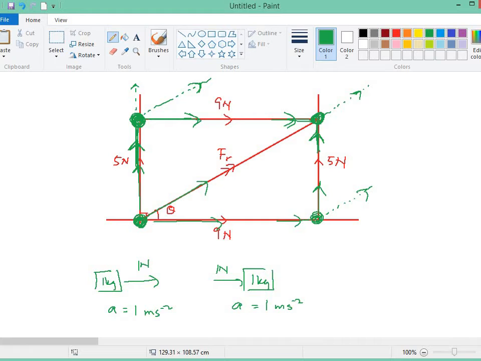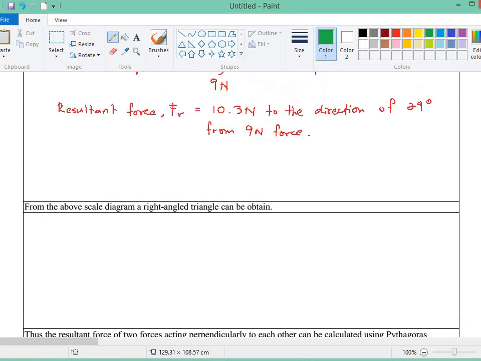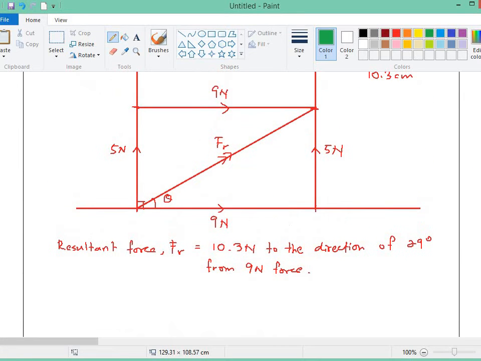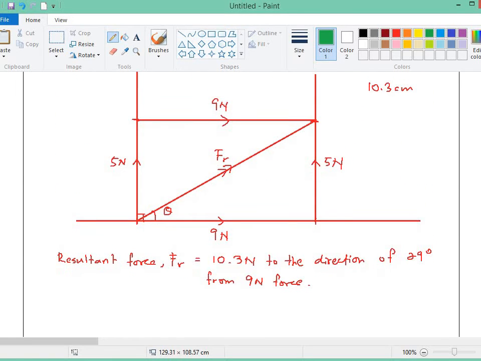If you have any question, make sure to ask. From the above scale diagram, a right angle triangle can be obtained. So you look at here, we can get a right angle triangle. Where do we get the right angle triangle? For example, let me copy this.